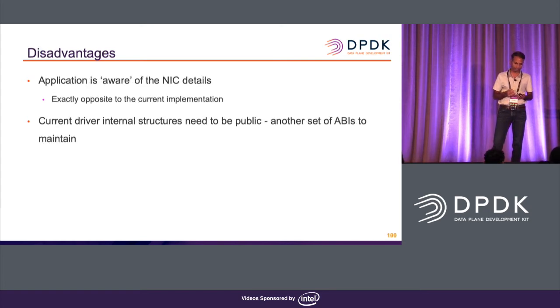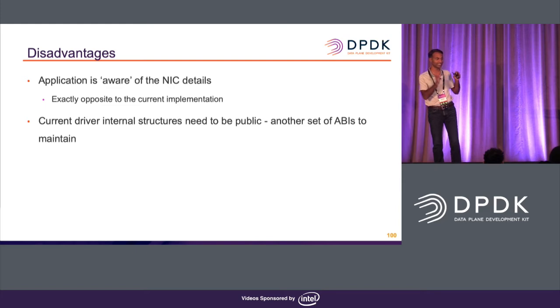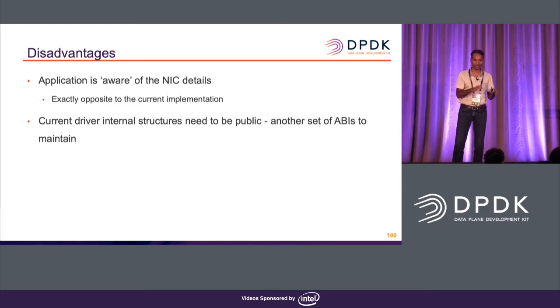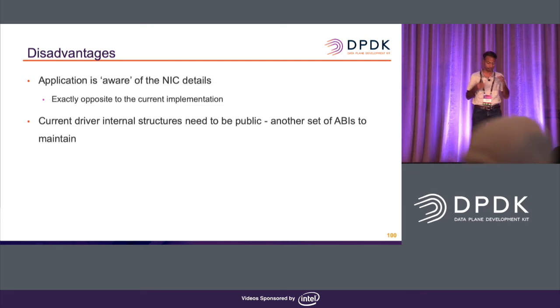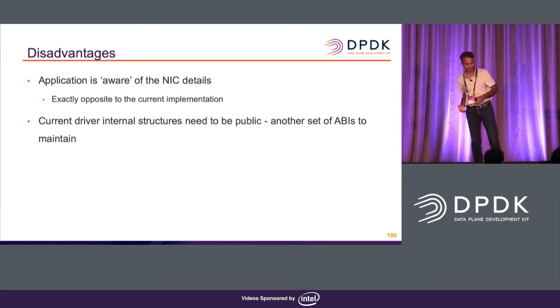Some of the disadvantages. Now the application is aware of the underlying NIC, and this is totally opposite to what DPDK is today. DPDK is trying to hide all the underlying hardware details from the application by creating the RTE mbuf. But here, I'm suggesting that we break that model and expose the descriptors to the application.